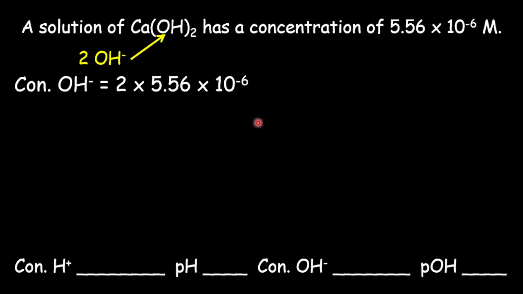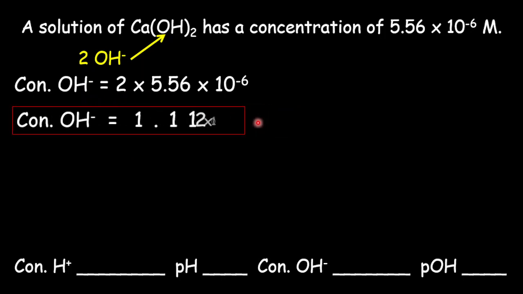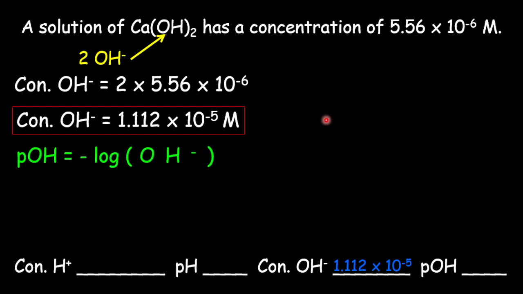And so therefore, the concentration of OH minus ions here will be 1.112 times 10 to the minus 5 molarity, and so we could put that answer in. Notice sometimes you have to find certain variables first before we go to another variable. So once we find the concentration of OH ions, now we can jump into finding our pOH.